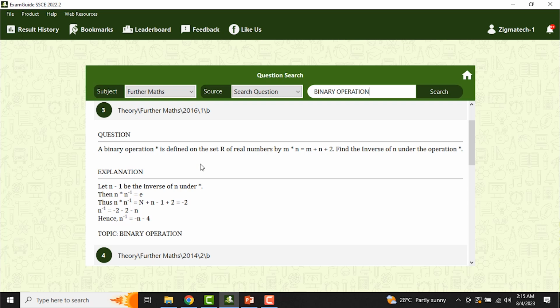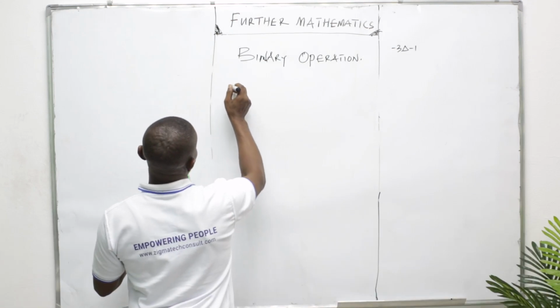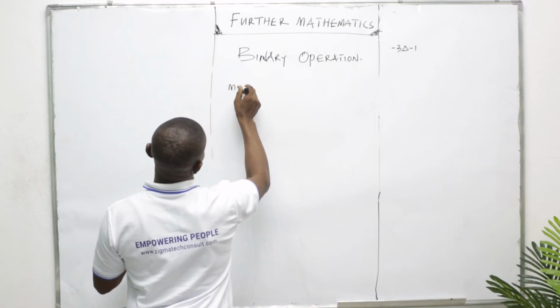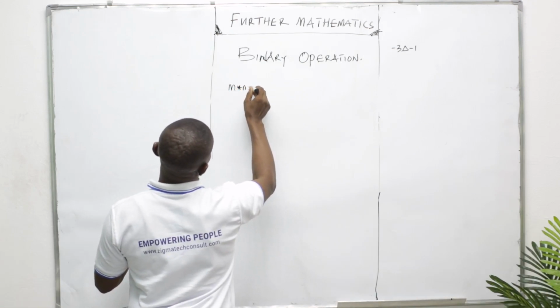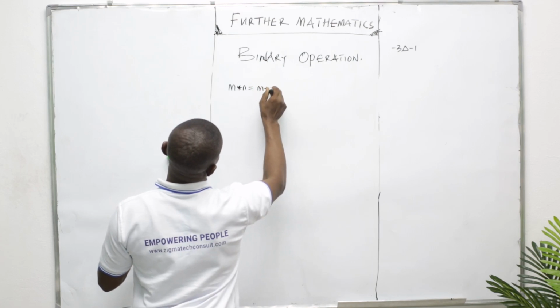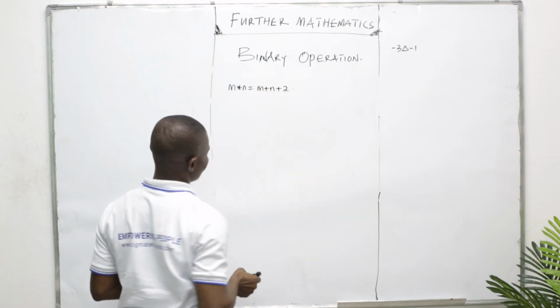M operating on N equals, here they are interested in N. Now let us see what will happen. The operation M operating on N equals who? M plus N plus 2.